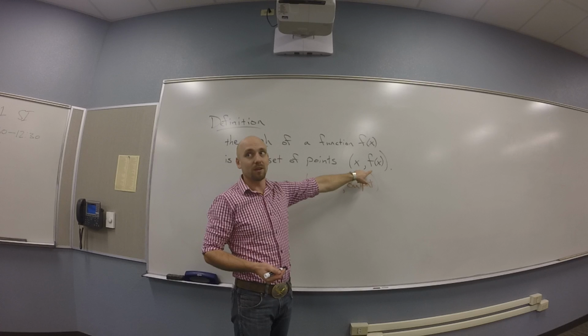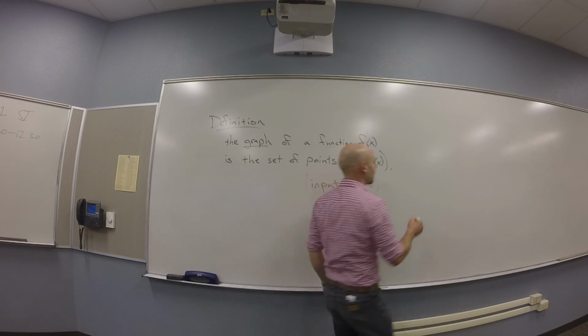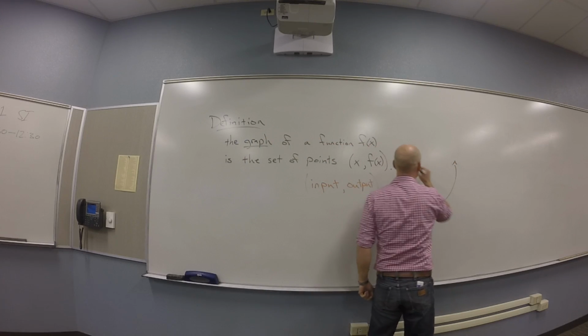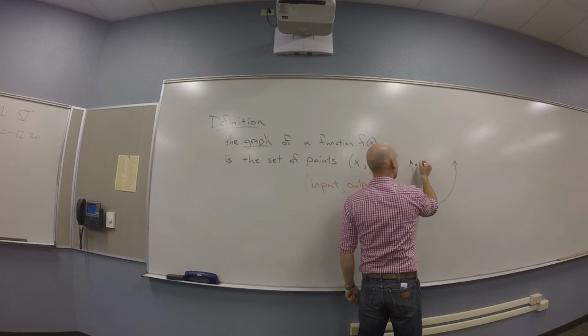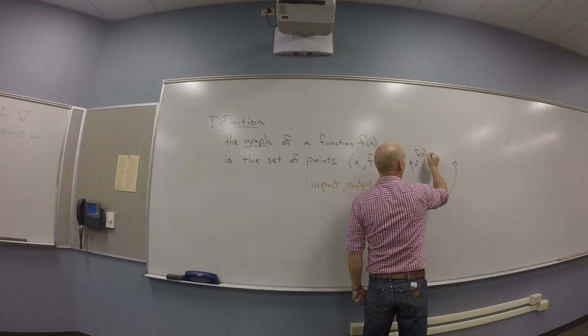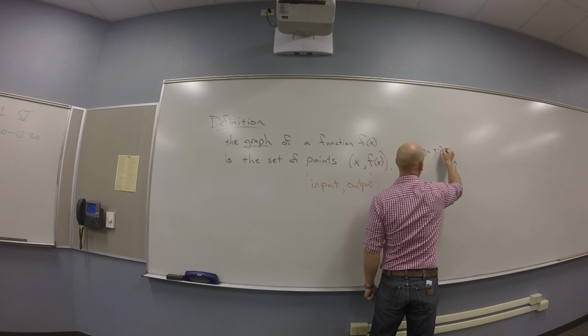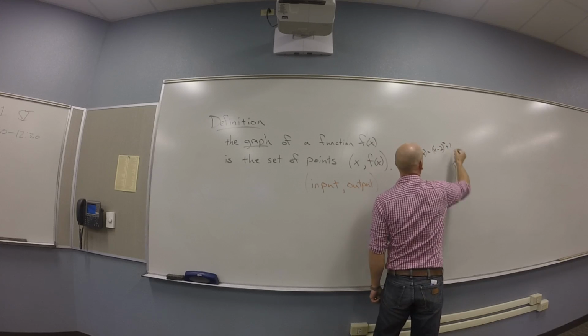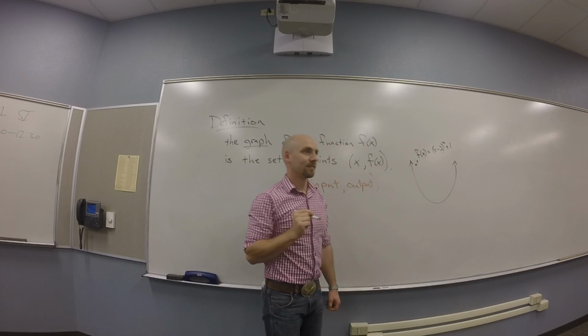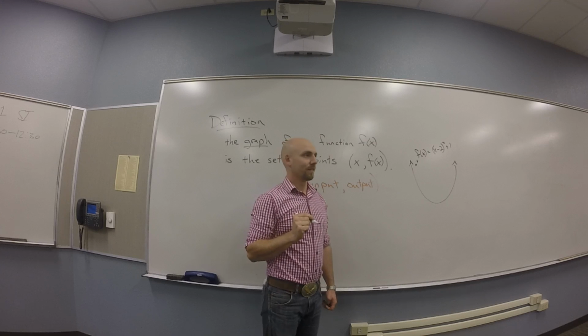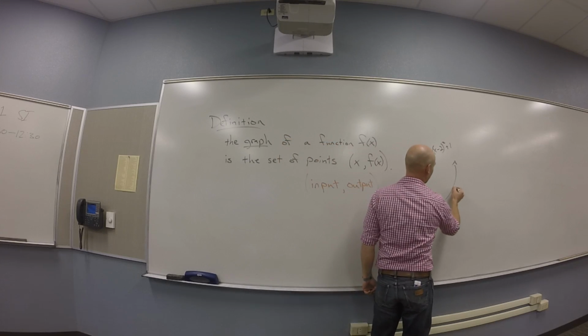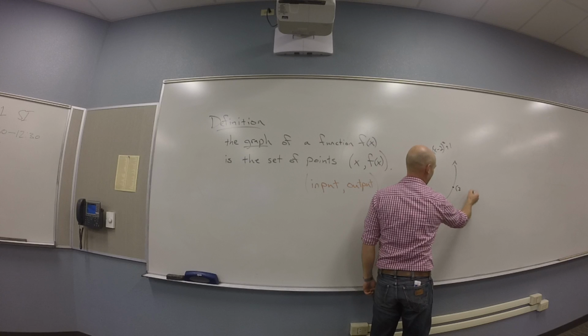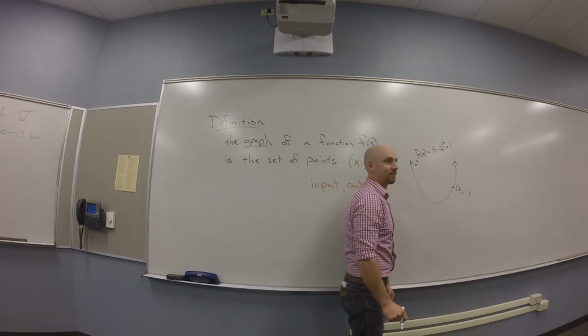Cool. The other nice thing about this is if I give you a function, like the graph of f of x is x minus 2 squared plus 1, and then I tell you over here is the point 3 comma something.